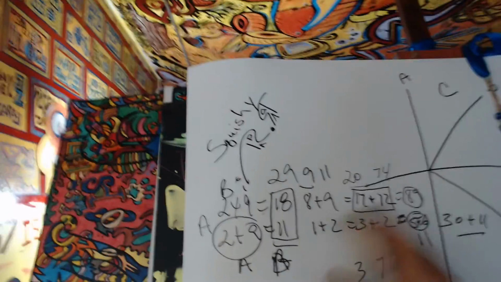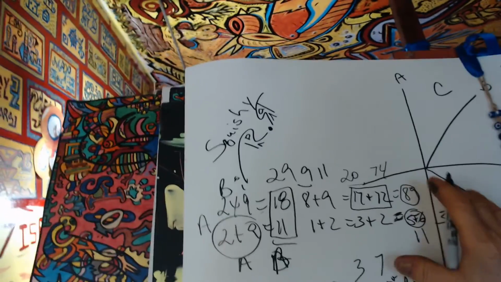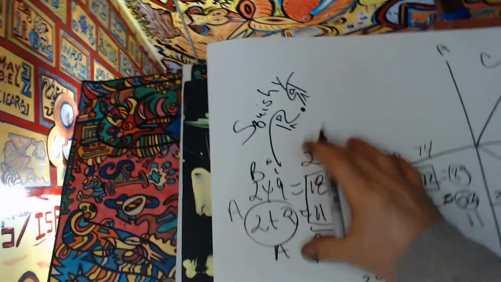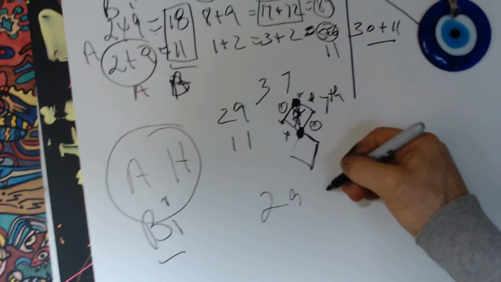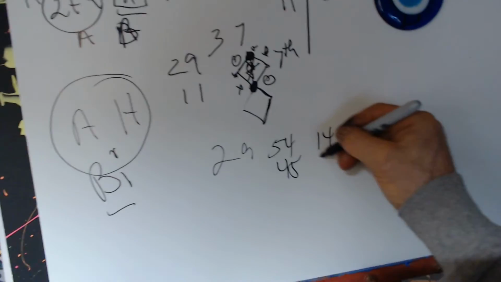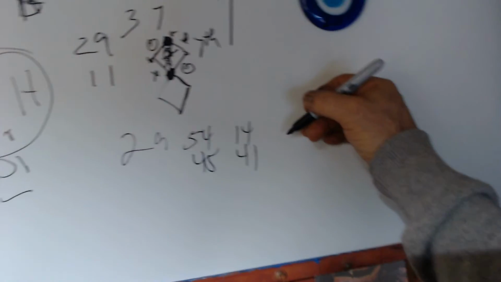So this might be getting a little complicated right now, and I have to think about this a little bit more. But if we go backwards with 29, it'd be 29, and then it would be 54 or 45, and then it would be 14 or 41. There's 2 ways to get to both of these.